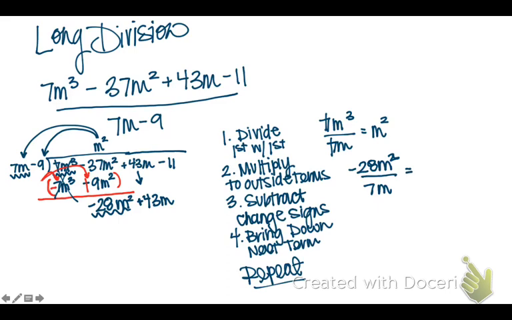And negative 28 divided by 7 is negative 4. M squared divided by m is just m. So this is going to be minus 4m. We're going to multiply. So negative 4m times 7m is negative 28m squared. Negative 4m times negative 9 is positive 36m.